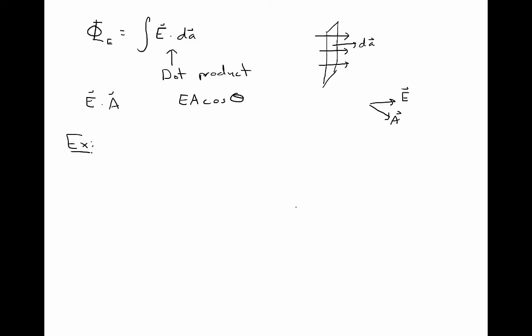Say we have a uniform electric field. So say it's between two plates. So you just have a constant electric field and you have a surface that looks like this. Now if I define dA to be up, then this will give us our maximum positive flux.